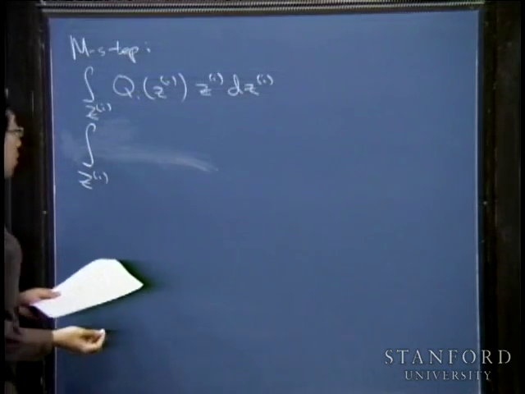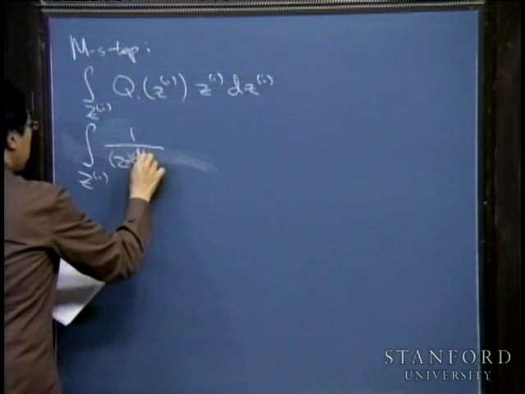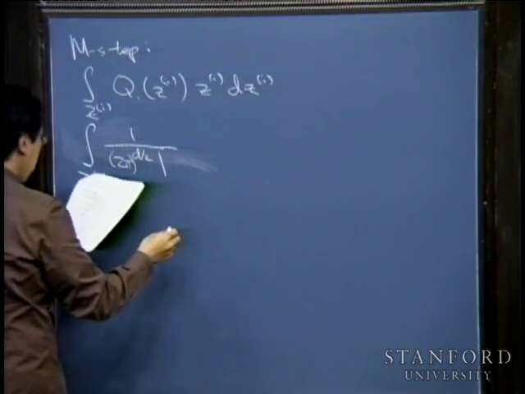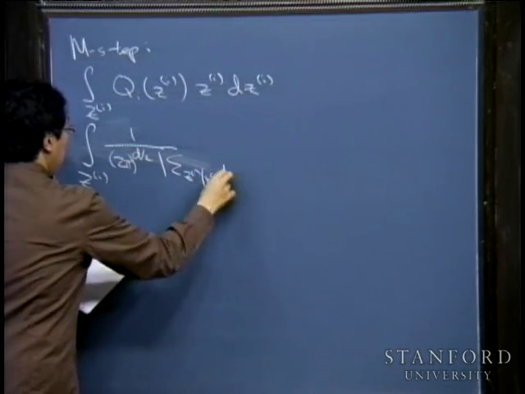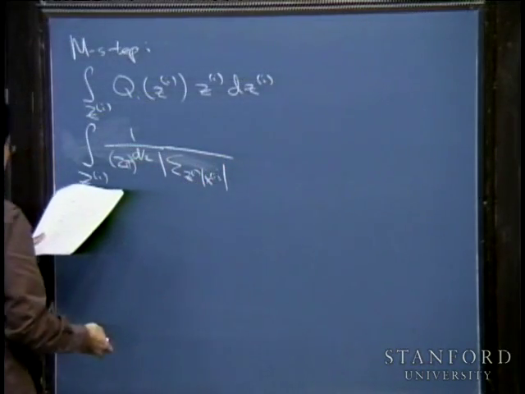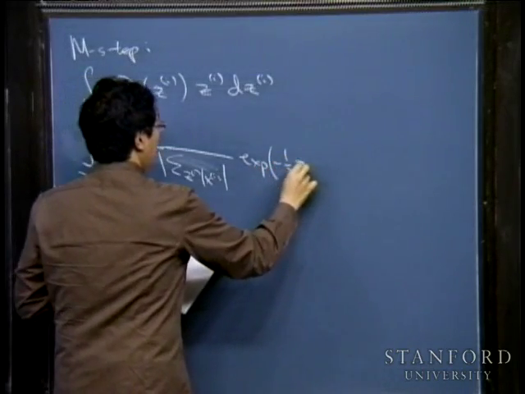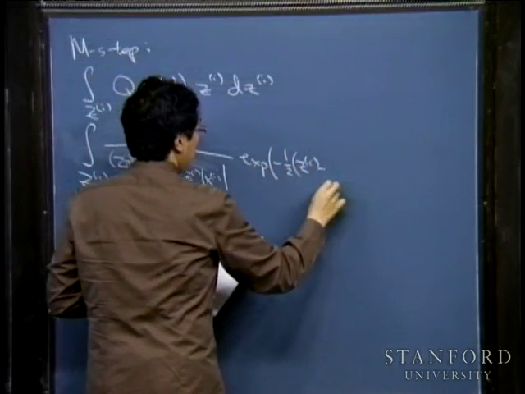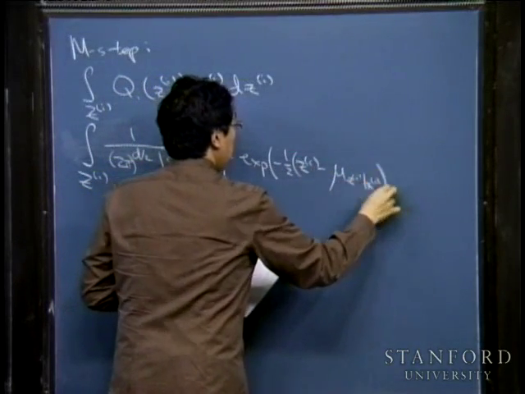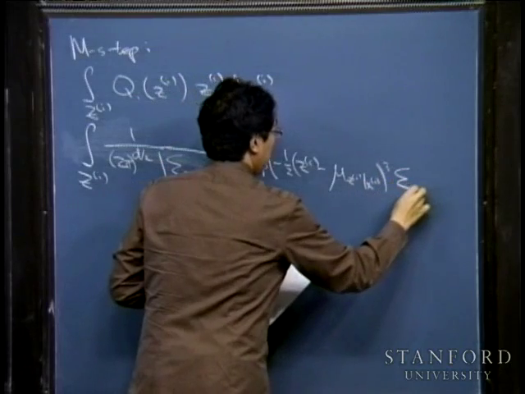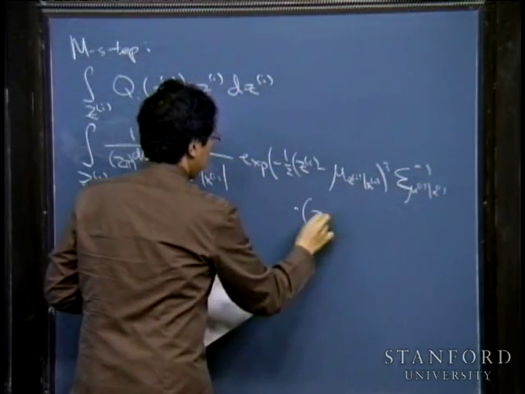Qi is a Gaussian, so 2 pi to the d over 2, the covariance of Qi is this sigma given Xi, which you computed in the E step, and then times e to the minus 1/2 Zi minus mu of Zi given Xi, transpose sigma inverse times.